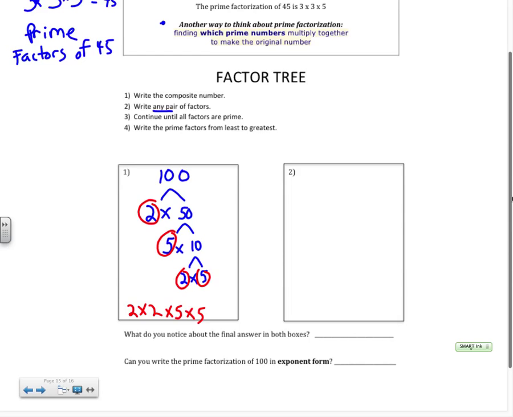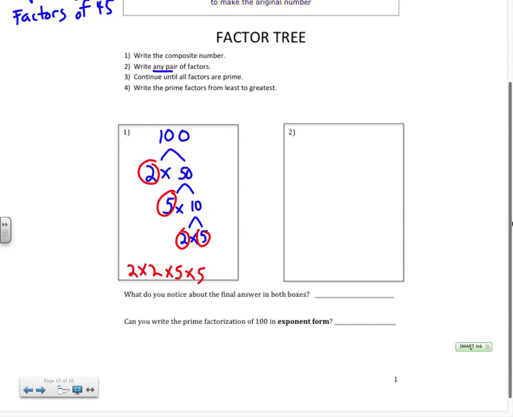We're going to practice again with the number 100, and you're going to see we could start with any 2 factor pairs. So another pair of factors that go into 100 are 4 times 25. All right, they are both composite because they have more than 2 factors, so I keep breaking down every factor until it's broken down into the prime factors.